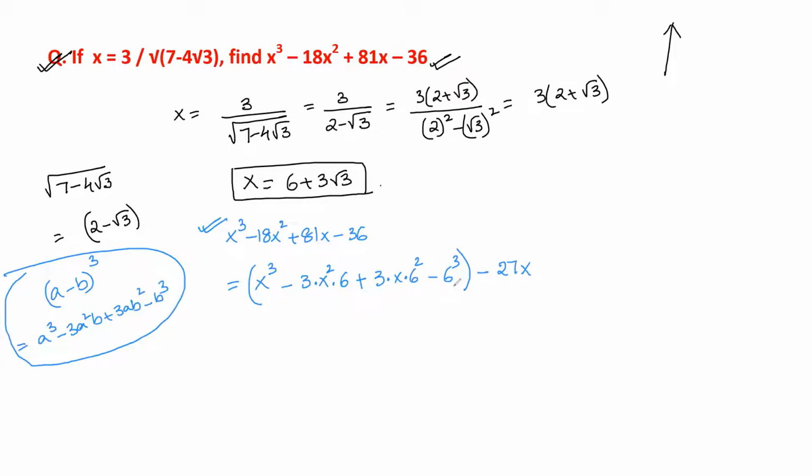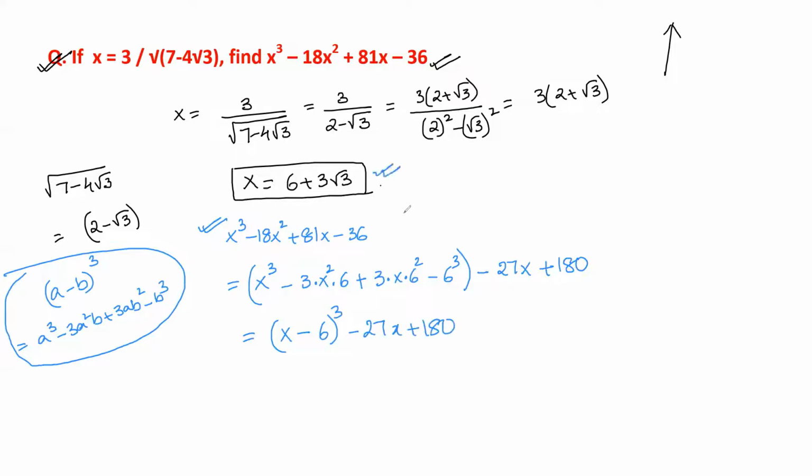And here we have minus 6 cube, so that is minus 216, but here we have minus 36. So to balance this out, we need to add 180, because minus 216 plus 180 would give us minus 36. Now this can be written in the formula as x minus 6 whole cube minus 27x plus 180.